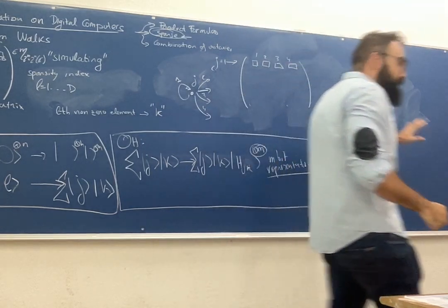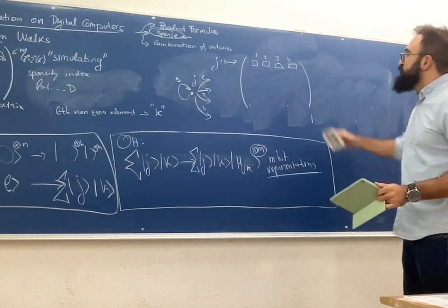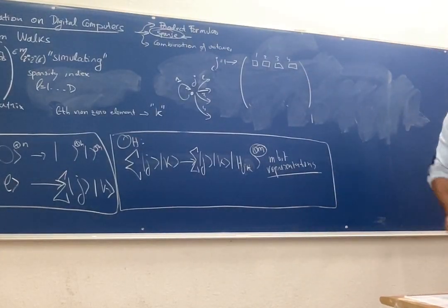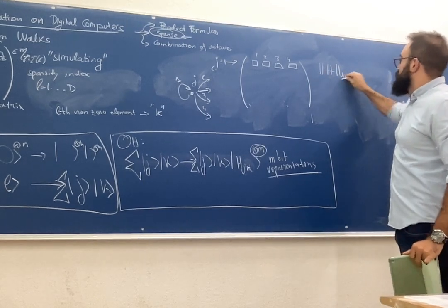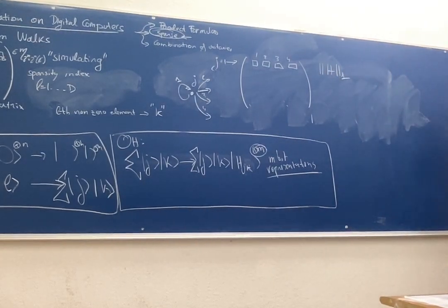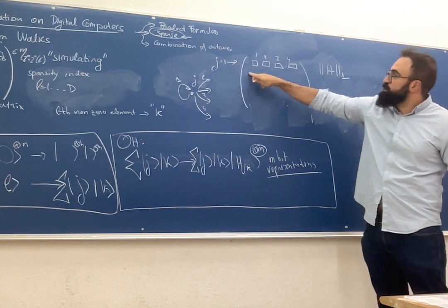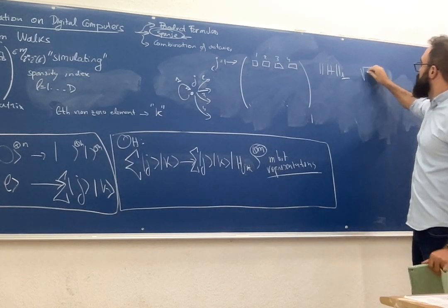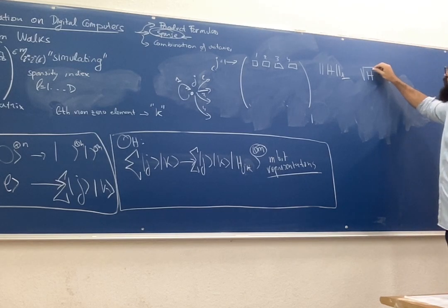So that's the idea, and now I'm going to be a little bit more rigorous on this. So actually, how can we do this? Basically, what we're going to do is use this norm, which is going to divide by the sum of the absolute values of the elements of the row, and then we're going to apply the square root of the element.